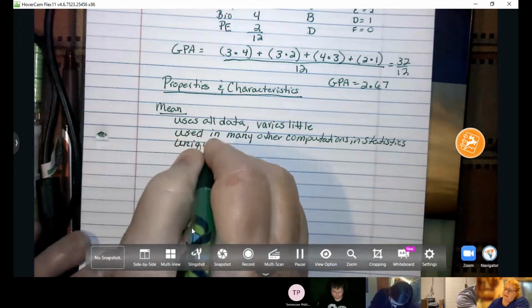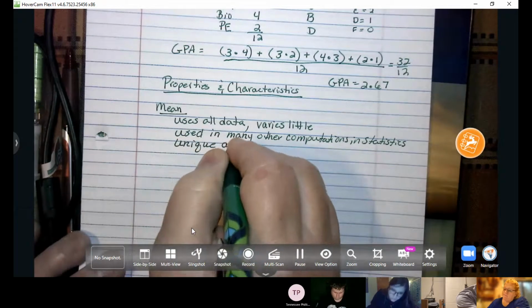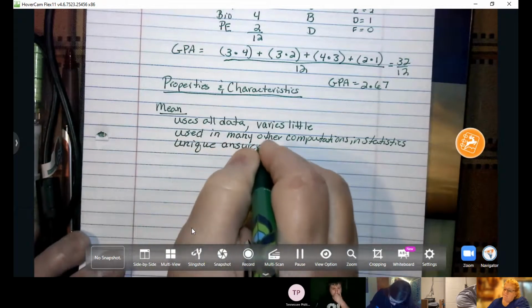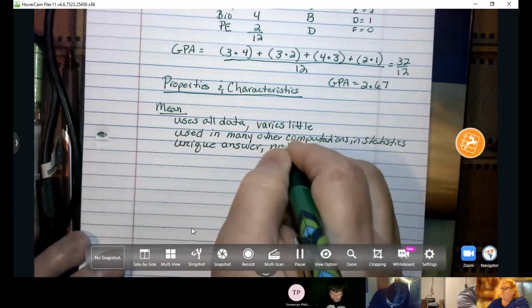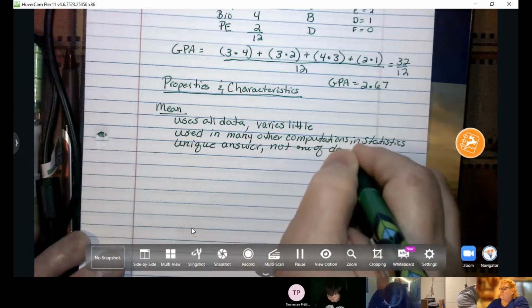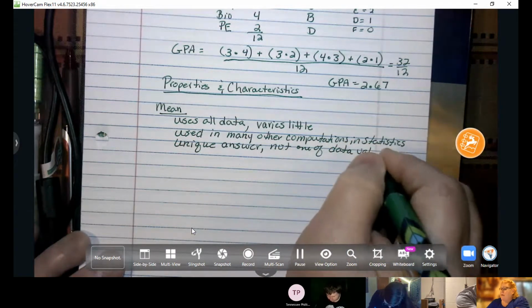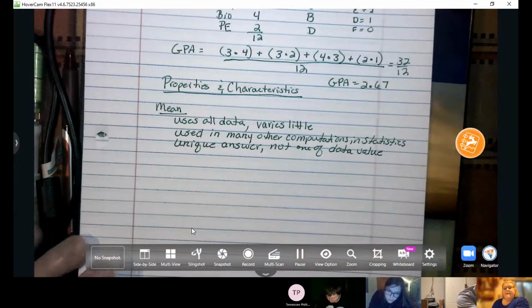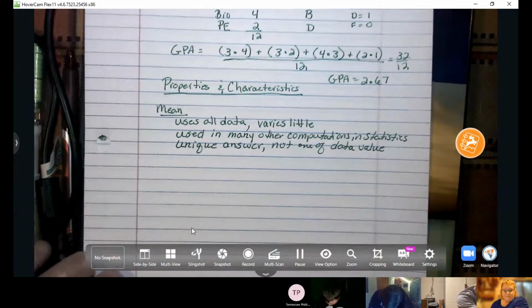It is a unique answer. It is not one of the data values usually.